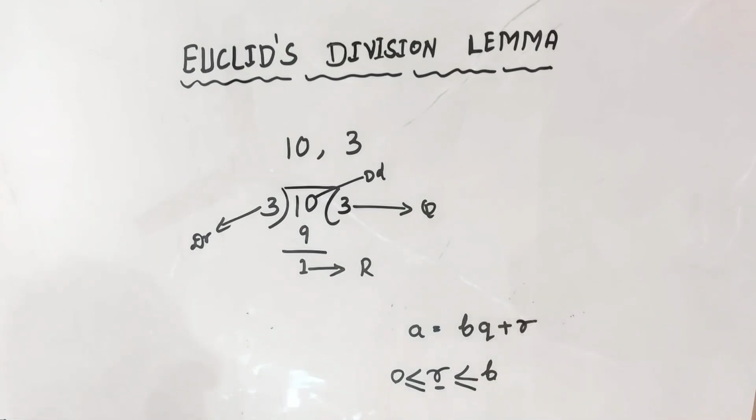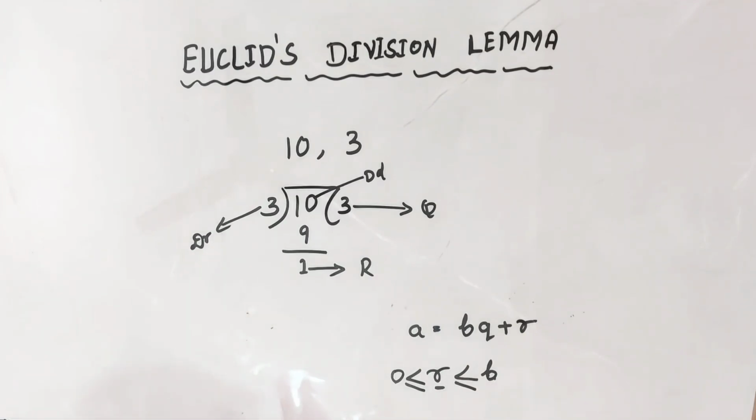And how will the remainder be? The remainder lies between 0 and the divisor, that means greater than or equal to 0 and less than the divisor.